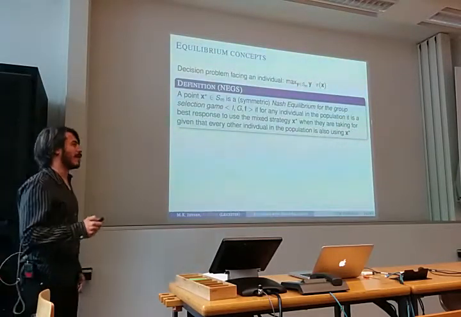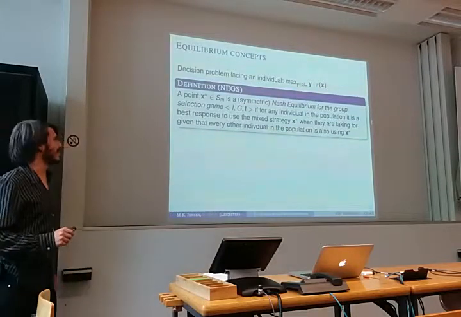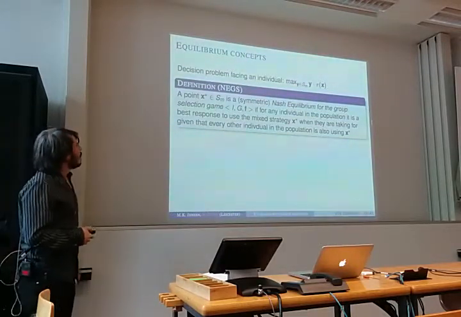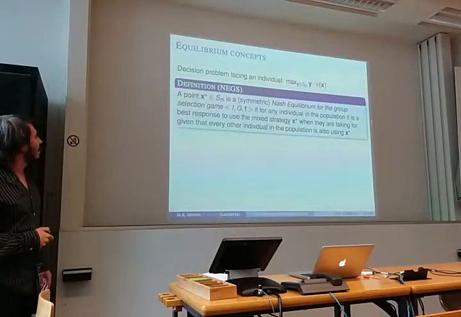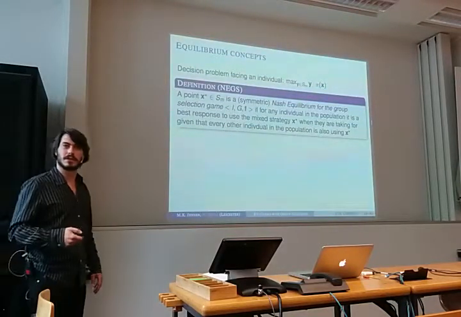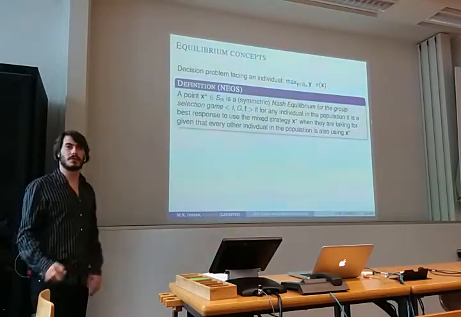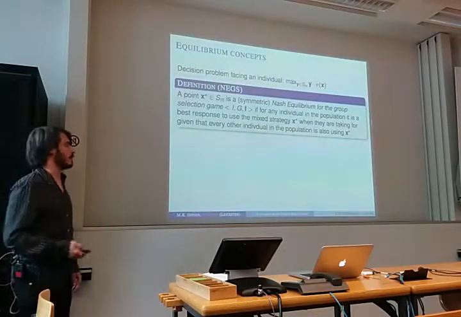I know I just said a bad word, but I'll talk about group selection a bit later. So, what is a Nash equilibrium under group selection? If you use that mixed strategy and the rest of the population uses the same mixed strategy, you cannot do any better. You cannot have a beneficial deviation.